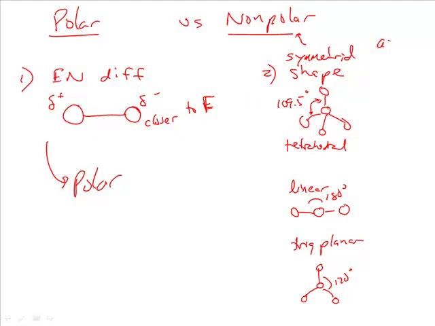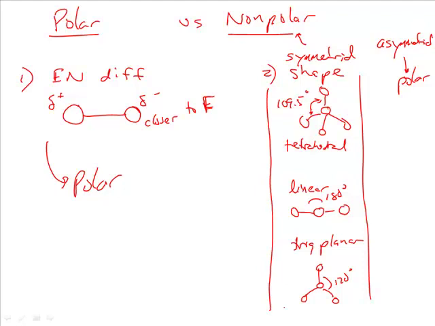If it's asymmetrical, which means not symmetrical, it will be polar. How do I know that? Well, if it's not the same, it's going to be polar. If it is the same and it has a symmetrical shape, these are the 3 symmetrical shapes here, then it will be nonpolar.